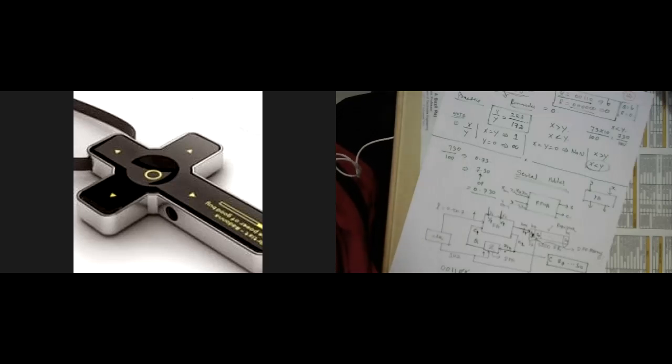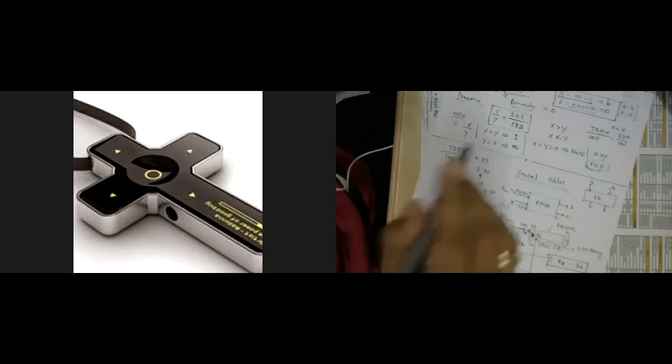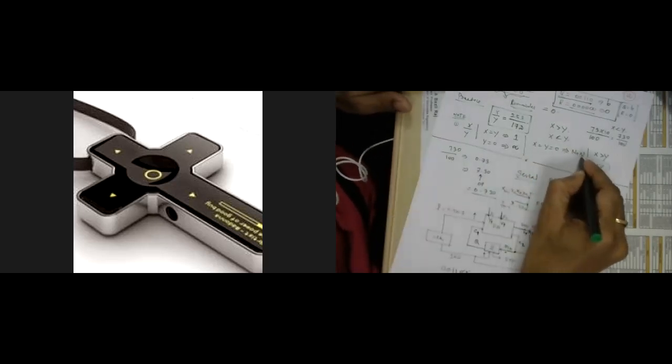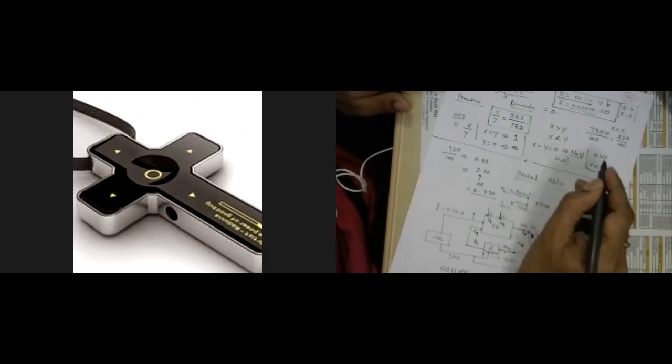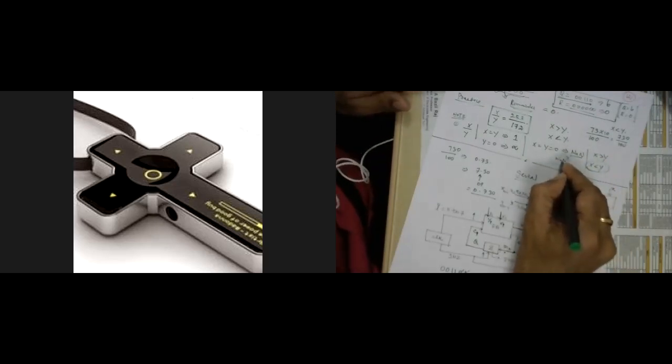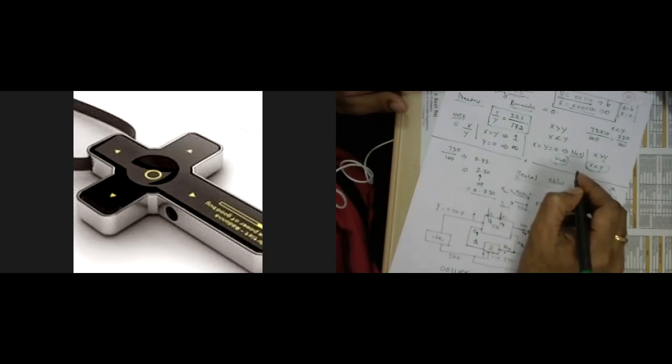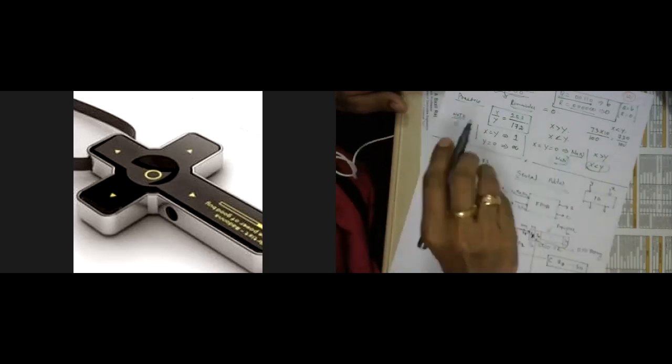If the magnitude of X and Y both are equal, then the result will be 1. Or if Y is equal to 0, the result will be infinite. Or if X equal to Y equal to 0, then the result will be not a number. Not a number. We have seen this many times in MATLAB, right, or any DSP processor. If both are 0, then the division will be not a number. Not a number now, right?